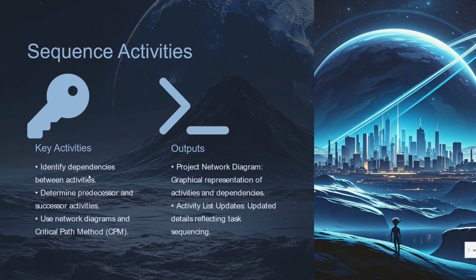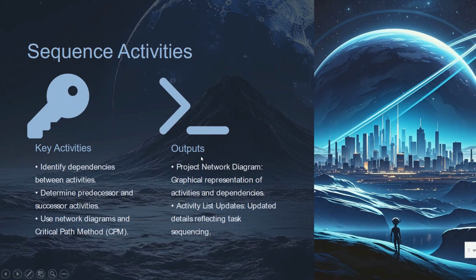Then we will determine which activity must be completed before others can start, that means the predecessor activity, and which can follow, meaning the successor. We will set the dependencies for the predecessors and successors. Then we will use tools like the network diagram and the critical path method to visualize and organize activity sequences.